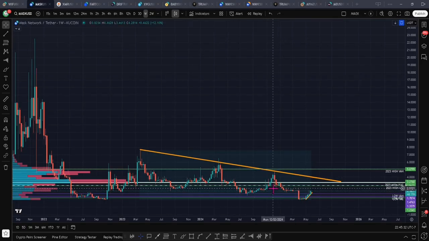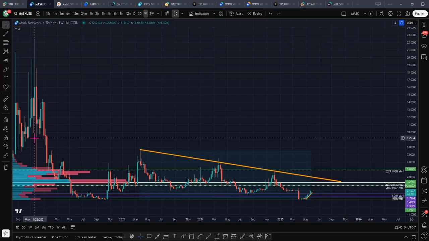This is on every token that has been downtrending, but obviously besides Bitcoin, Ethereum and a few others, XRP. For all these forgotten tokens, they're going to start hitting their previous highs as we go along in the market. And it's going to happen faster and faster because we have to cover 3 years of downtrend. What is this?